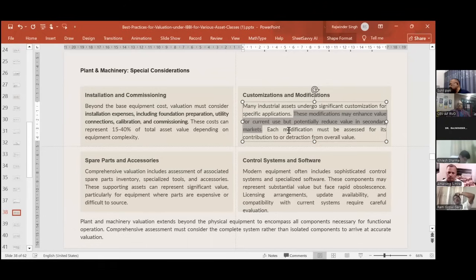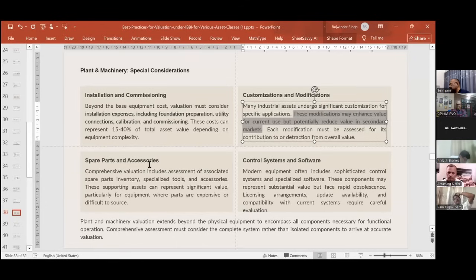So when you are doing valuation, you have to check whether it will be usable elsewhere, because it is particular to one industry. Each modification must be assessed for its contribution to or detraction from the overall value.